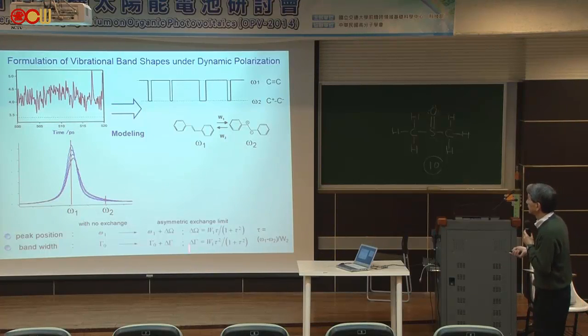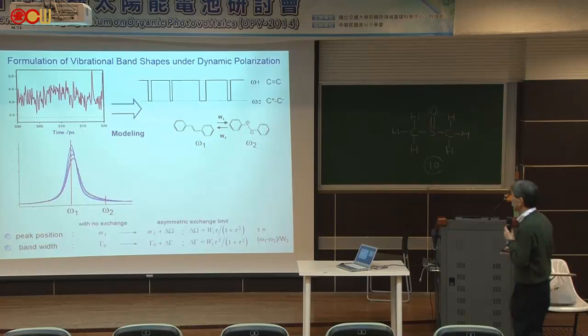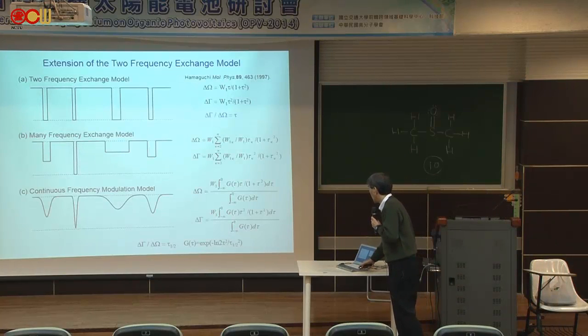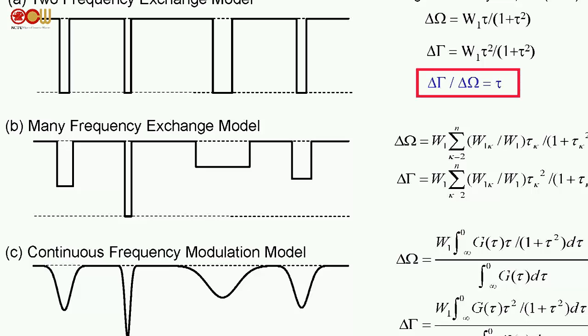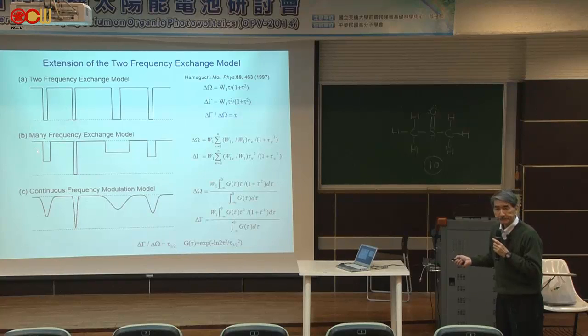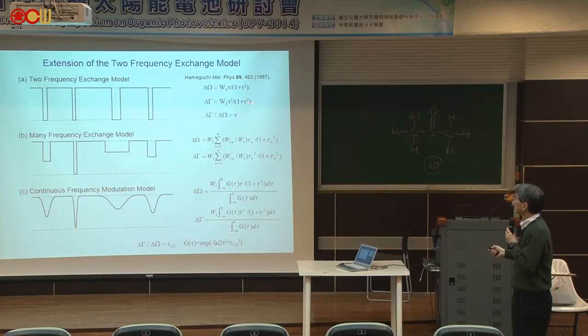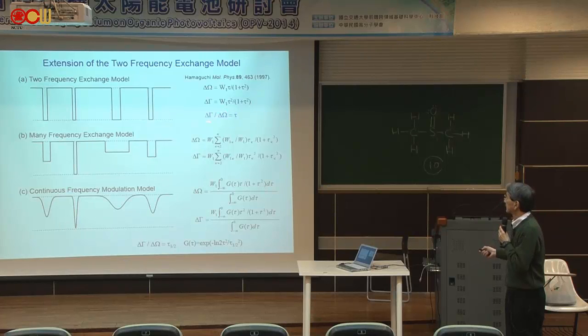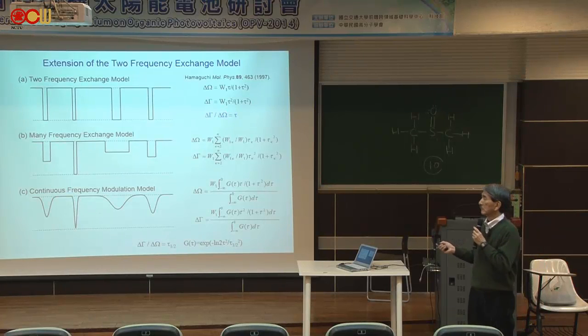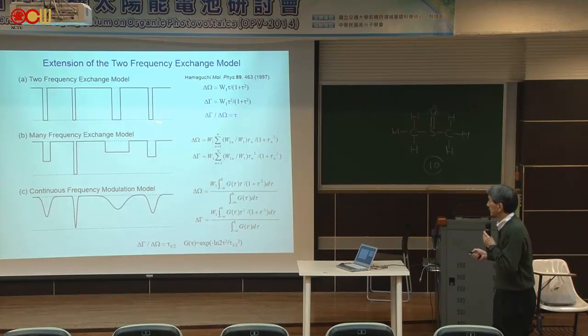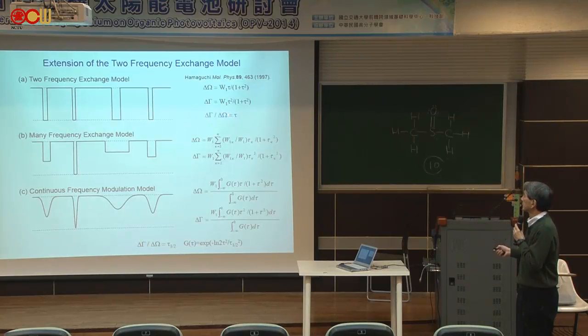If we formulate this, I'm not going into the details, but I published a paper in 1997 about this kind of exchange model for bidirectional dephasing, and found out that this is the peak shift and this is the bandwidth increase, and that there is a linear relationship between the decrease of the wave number and the increase of the bandwidth.